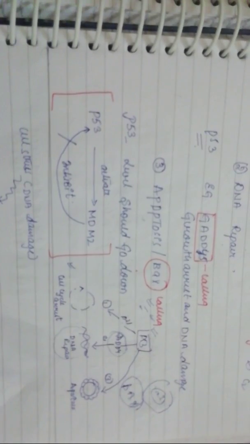So let us understand the next thing here. P53 can activate MDM2, and MDM2 inactivates P53. So what is it trying to tell us?